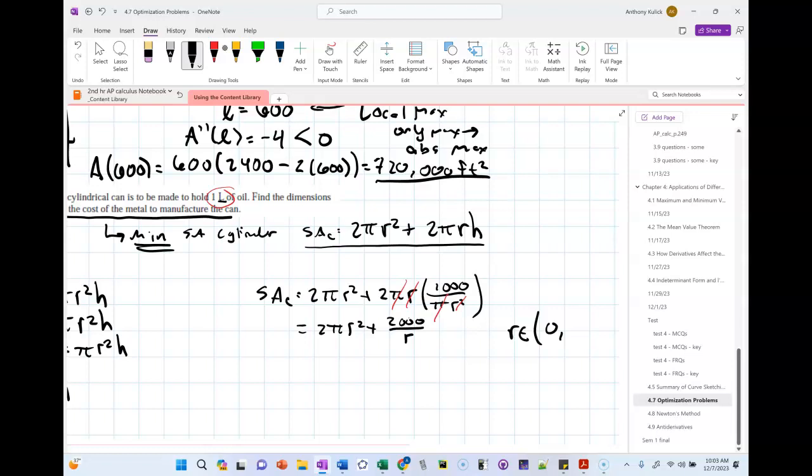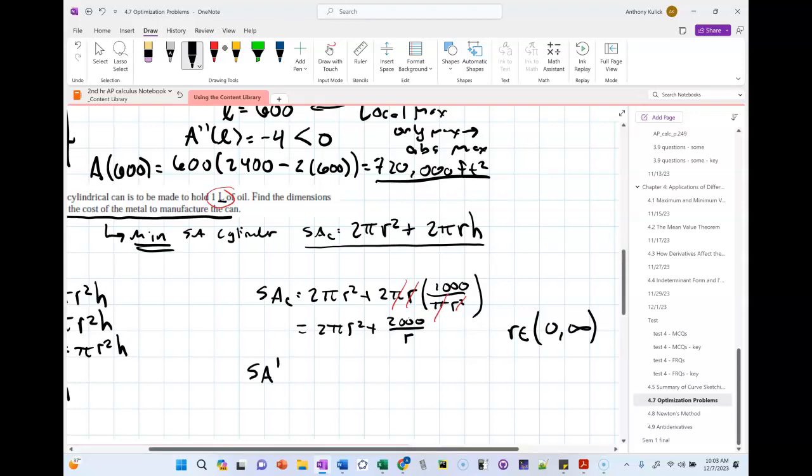Well, R is a linear distance. Cubic centimeters are cubic. So I would just do this. I'm not monkeying around with it. I don't think it'll matter because we just know that R can't be 0. That's probably good enough.